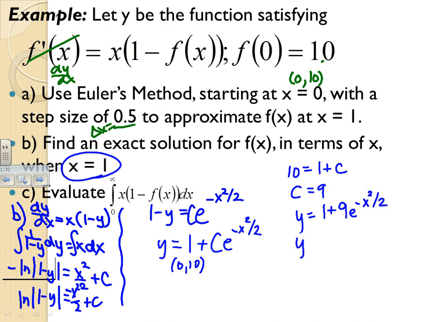Okay, so y equals 1 plus 9 e to the negative x over 2.